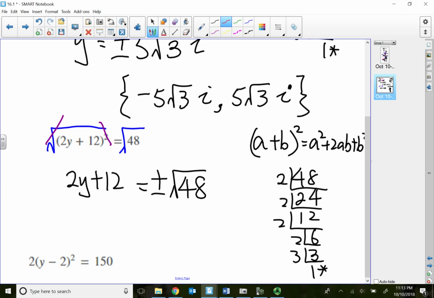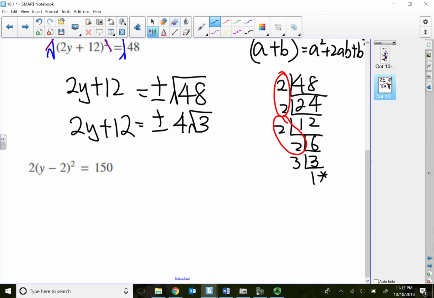So these two will go outside the square root as one of them. These two will go outside the square root as another 2. So 2 on the outside simply means 2 times 2 is 4. This 3 will stay inside. So far there will be positive negative 4 times square root of 3. The other side, 2y plus 12.